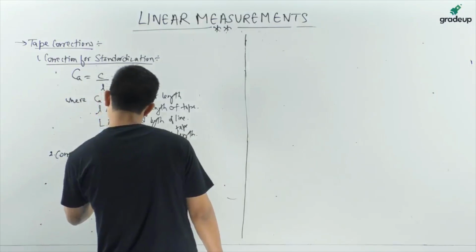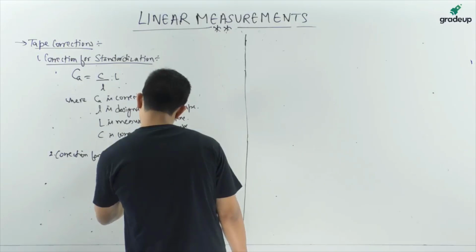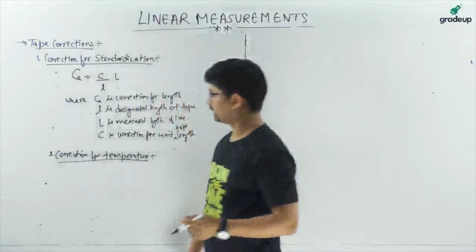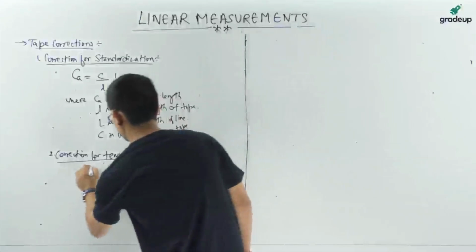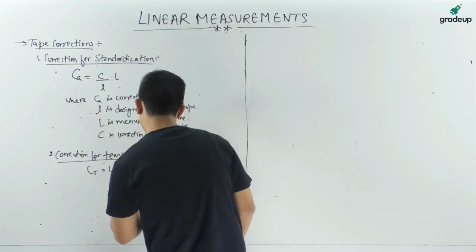correction for temperature. Okay. So in case of temperature, the correction Ct is L alpha (T minus T naught).